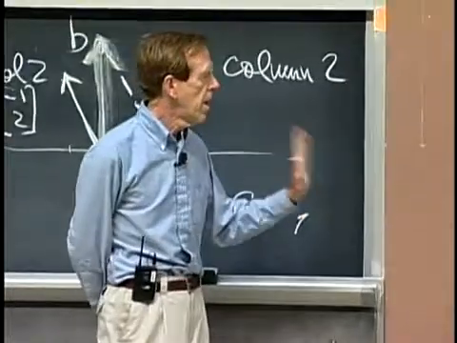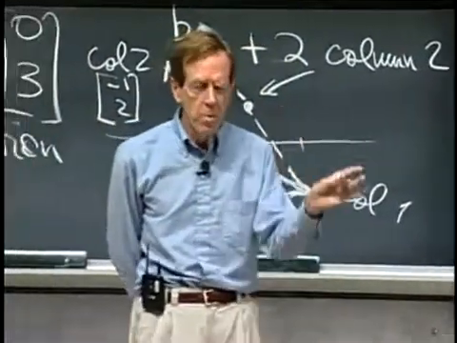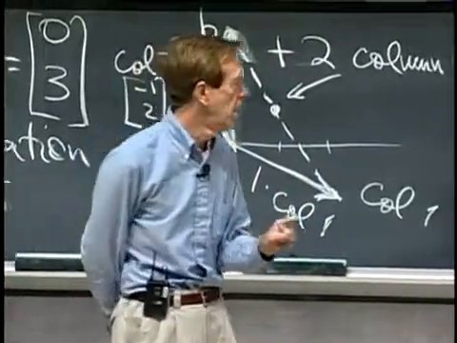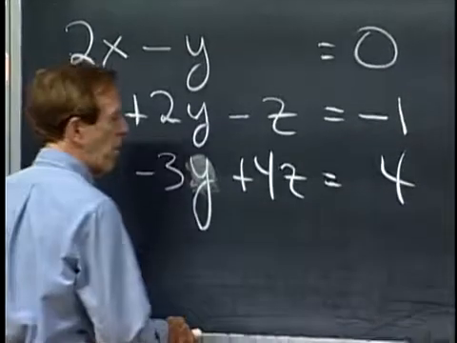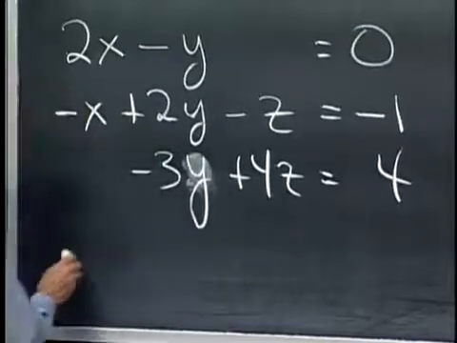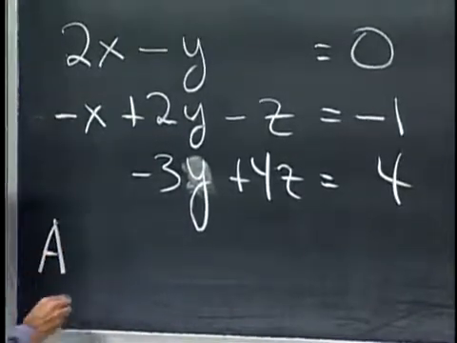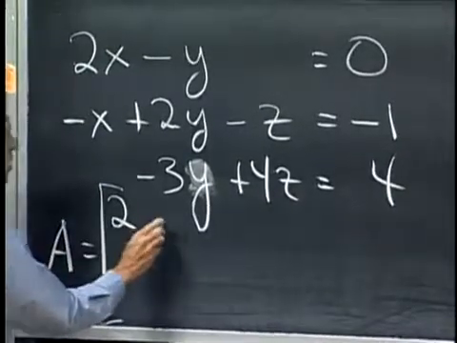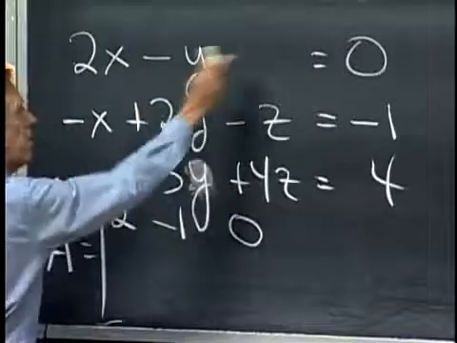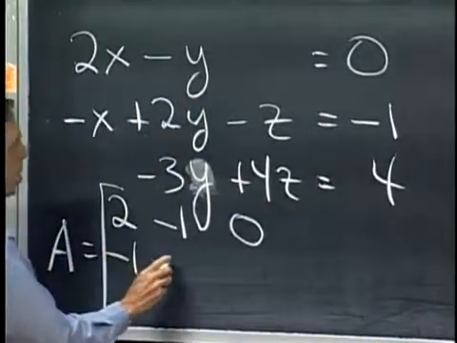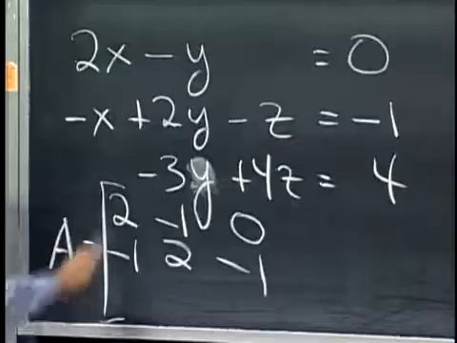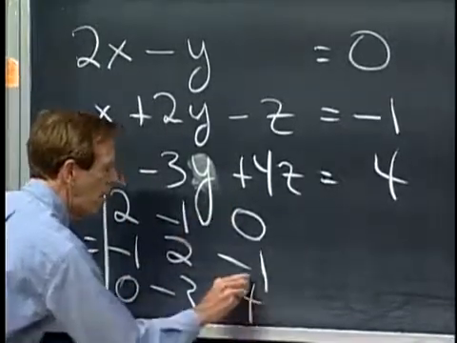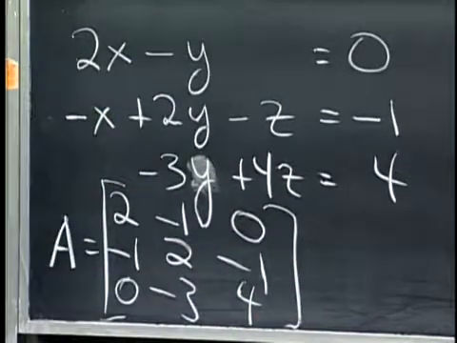So I want to understand the equations and then solve them. Okay. So how do you understand them? The row picture is one way. The column picture is another very important way. Just let's remember the matrix form here, because that's easy. What's our matrix A? Our matrix A is the 2 and the minus 1 and the 0 from the first row, the minus 1 and the 2 and the minus 1 from the second row, the 0, the minus 3, and the 4 from the third row.